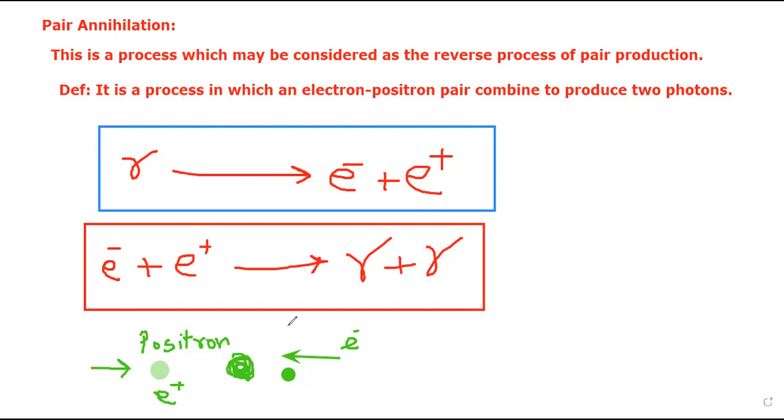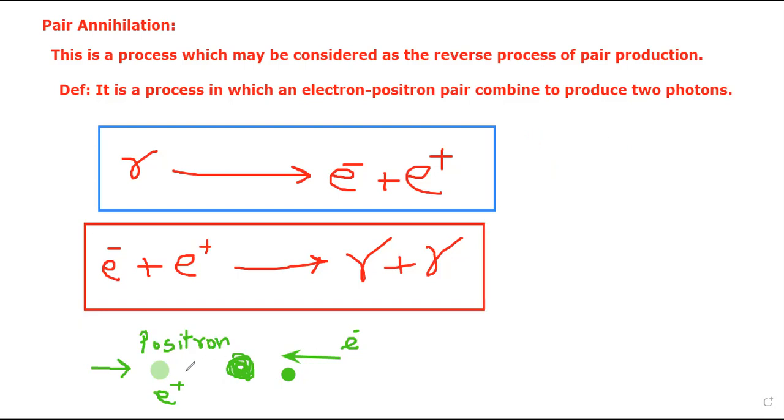For example, let us consider that the energy of the electron, E negative, is equal to hf1, because you know the energies. We'll be talking of the formed photons as well.